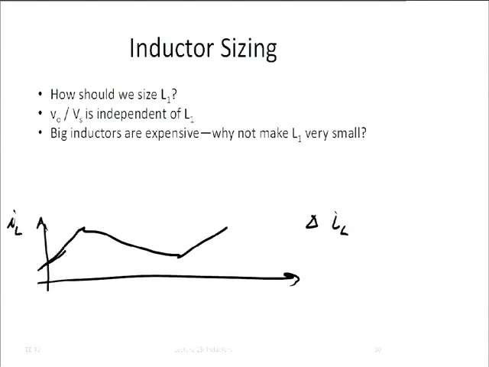And how much ripple do we want? Well, we found that this delta IL was equal to Vs minus V out over L1 times the time T1. Okay? So given that, of course, if we choose a certain frequency at which we want to operate, that's also an interesting choice.